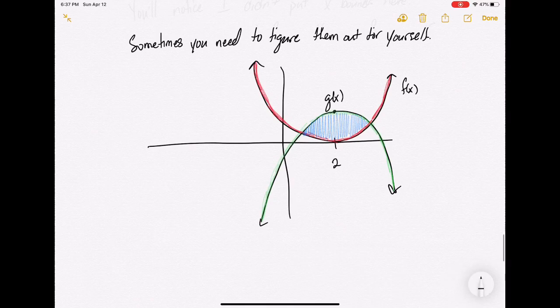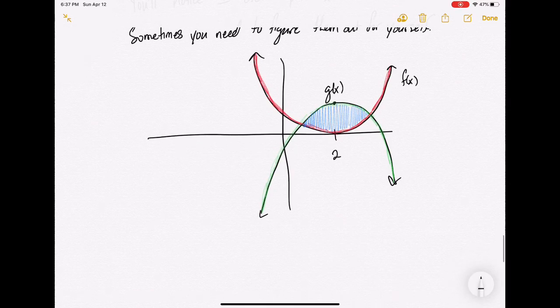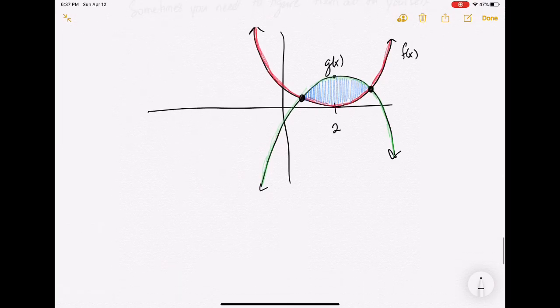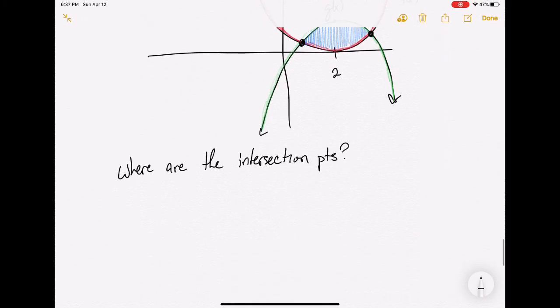So if that's the total area between, we just figure out where they intersect each other. So we ask, where are the intersection points? And we can find these algebraically by setting the functions equal to each other.